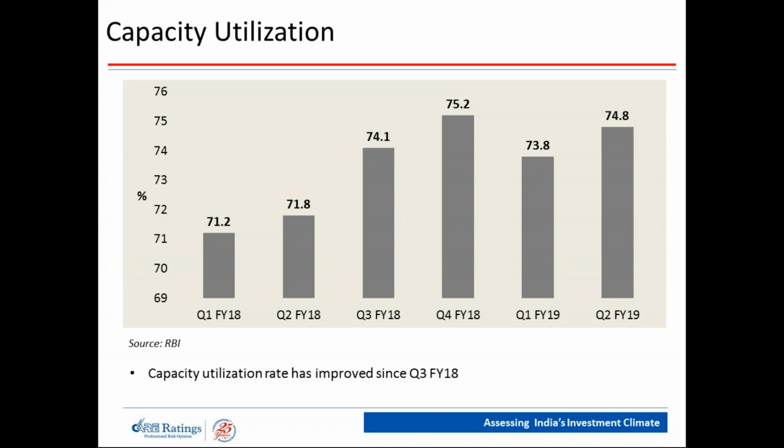Despite the improvement, the utilized capacity of firms is significantly lower than the utilization rate of 83.2% in Q1 2011. The capacity utilization rate has seen a sustained decline since then.